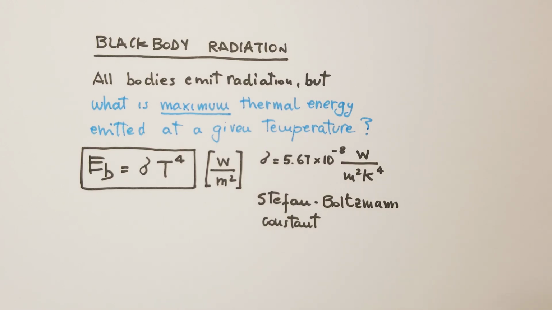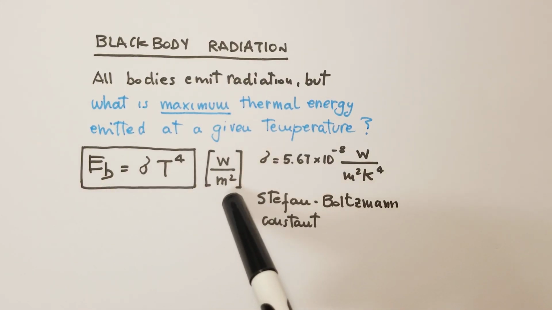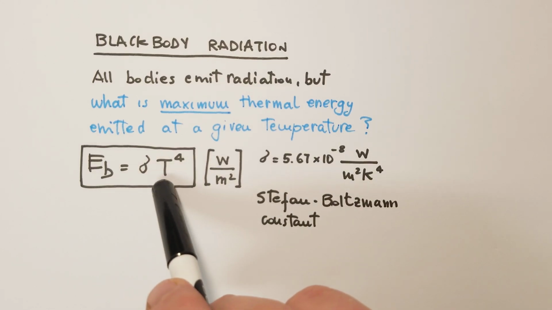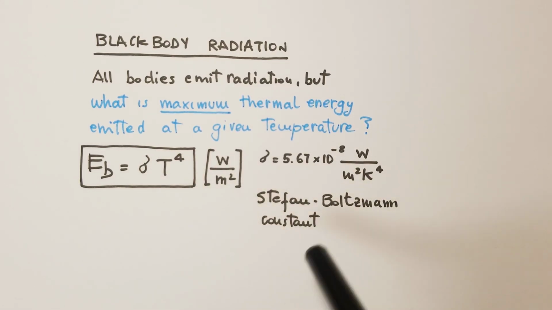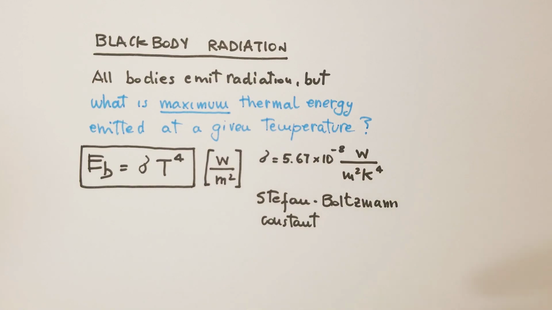That's what's called the black body radiation, indicated by E_B, and the units are watts divided by meter squared, and that's sigma times T to the 4th power, where sigma is the Stefan-Boltzmann constant, and T is the temperature of the surface. So note the 4th power.